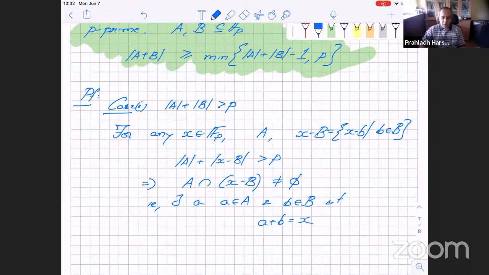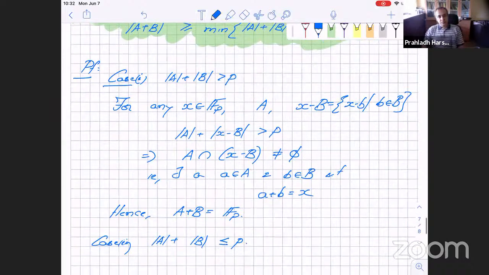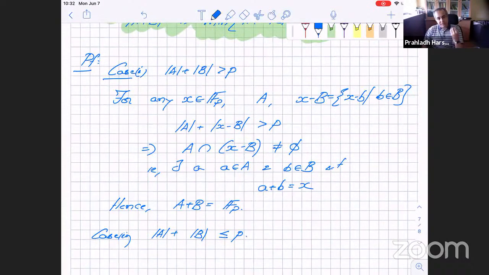And this is true for every x, hence A plus B is equal to F_p, and we are done in this setting. Okay, so we'll work with the case in which size of A plus size of B is less than or equal to p. So size of A plus size of B minus 1 is less than or equal to p.